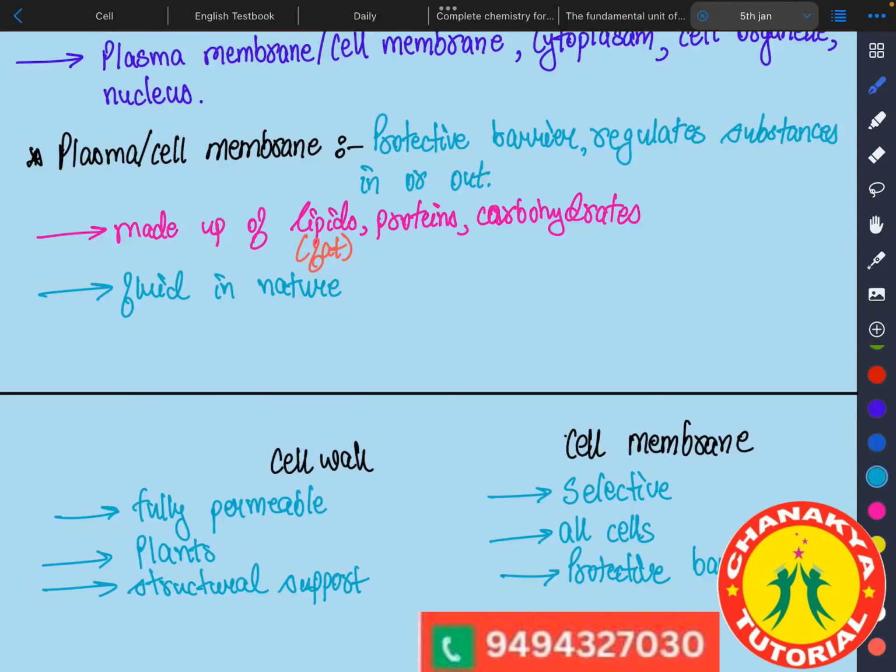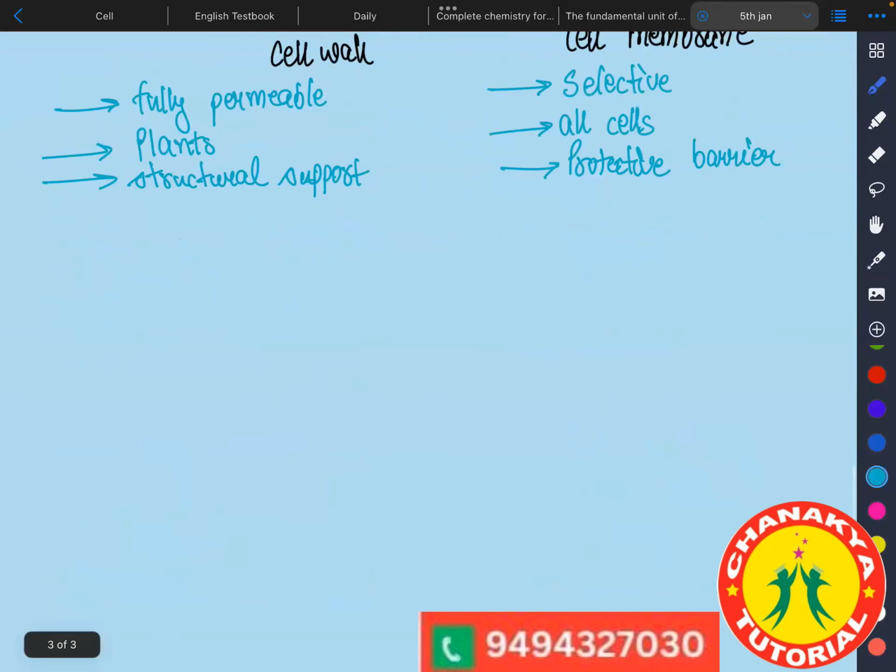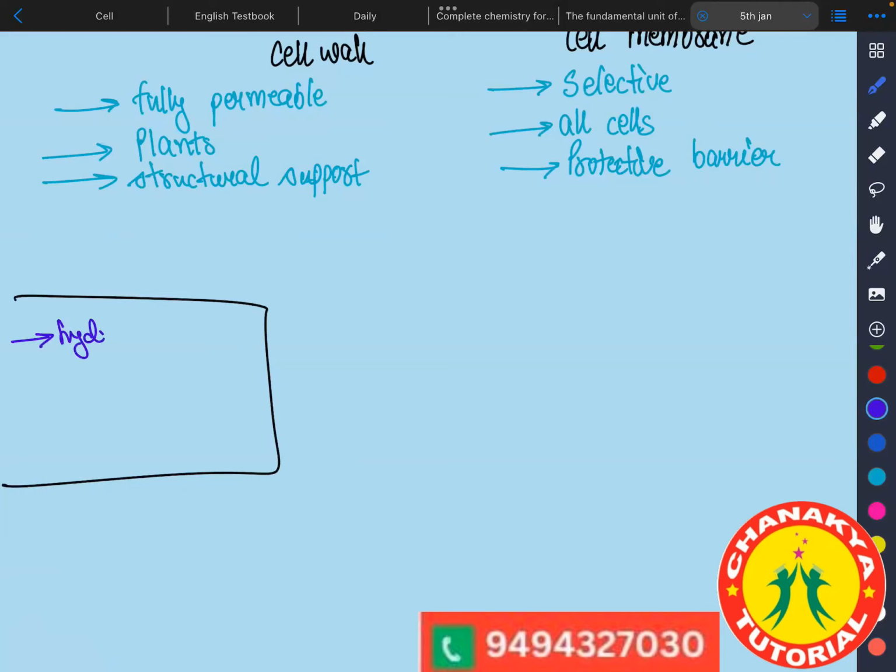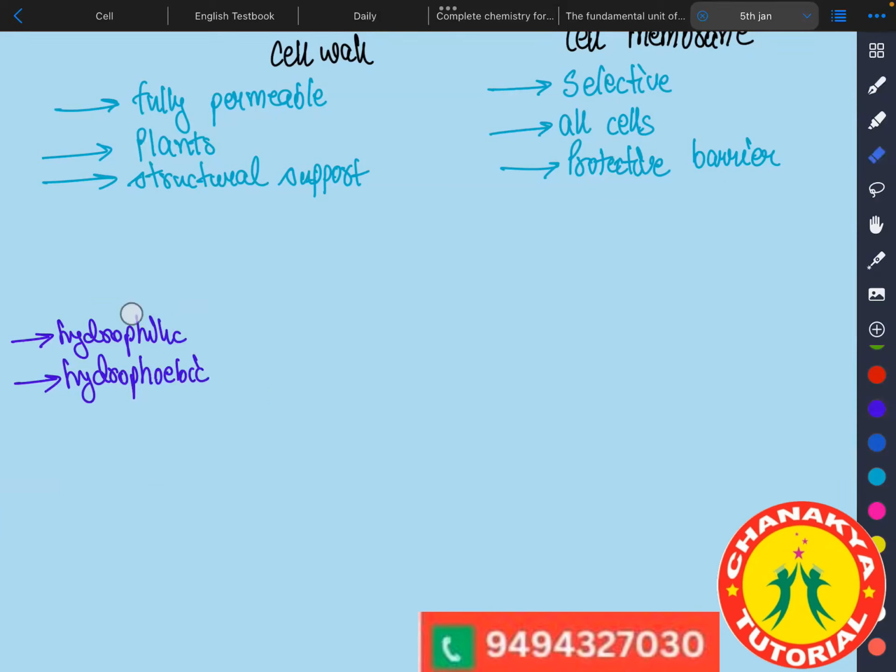Hydrophilic and hydrophobic part of plasma membrane. Is it there in your NCERT? Sir, I don't think it's in NCERT, but I read this somewhere. No, sir, it's not there in the NCERT. Okay, it's okay then. Good that you know about it.